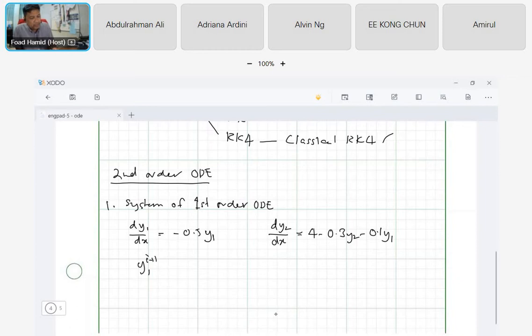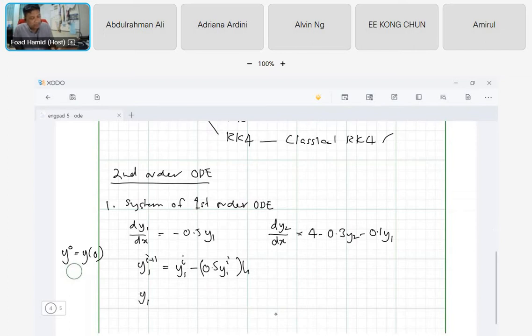In this case, what we can see is that y1(i+1) equals y1(i) minus 0.5 y1(i) times h. Note that if we know y0, which is the initial condition, then we can find y1.